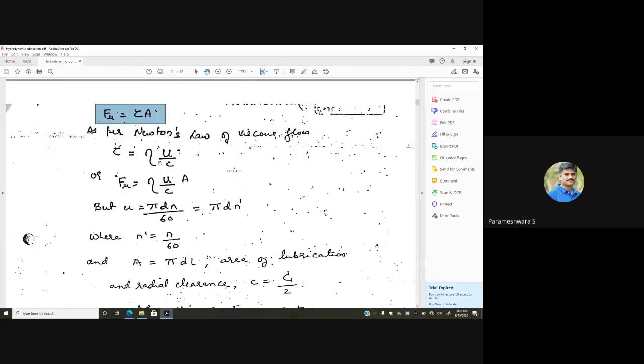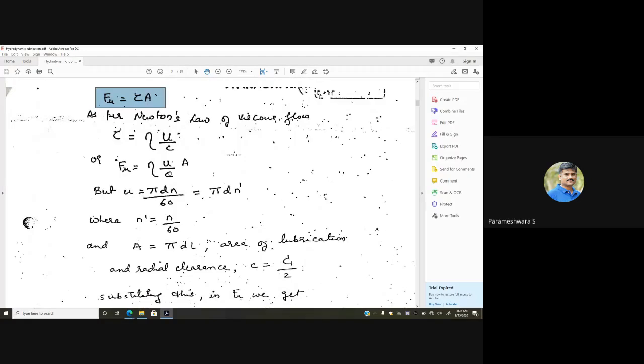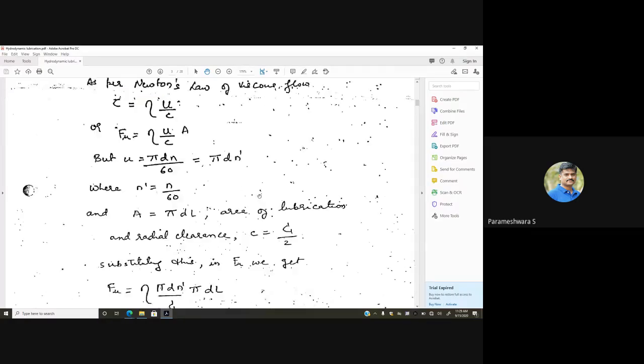So substituting this tau value into this equation, F mu becomes eta into U over c into A. And we know that velocity U is equal to pi D N by 60, and in turn it is equal to pi D n dash, where n dash is N over 60, that is in rps. So this velocity is in rpm, revolutions per minute, and this is in rps, revolutions per second.